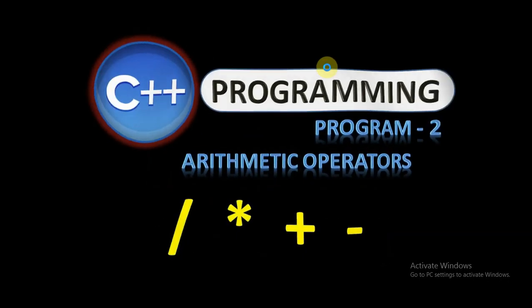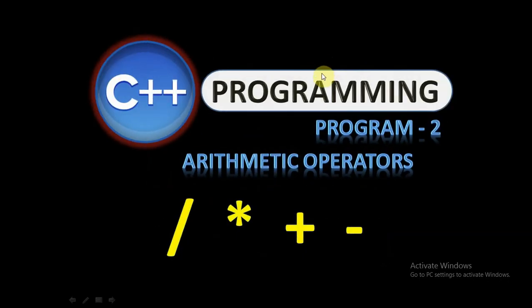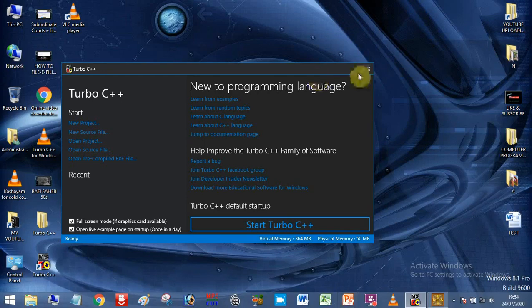So today I'm going to explain how to use arithmetic operators in C++ programming. I already said in my first video that there is a requirement for software engineers and some students, so I'm going to explain one by one about C++ programming.